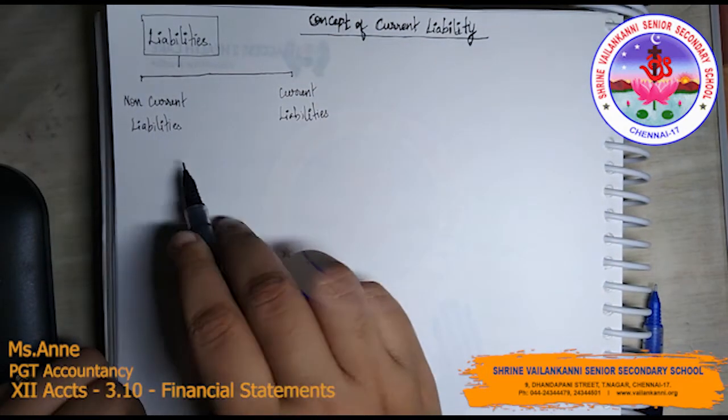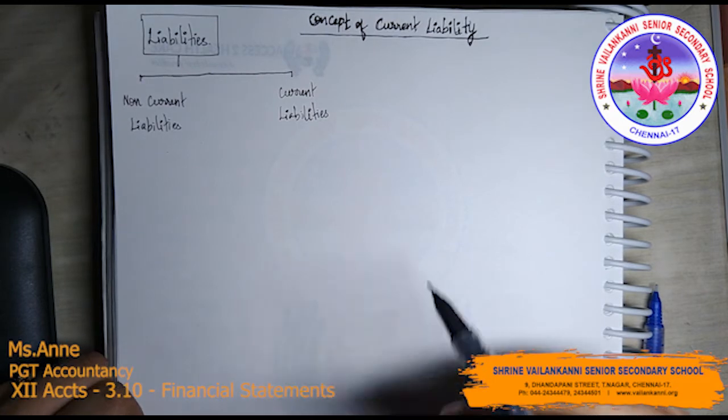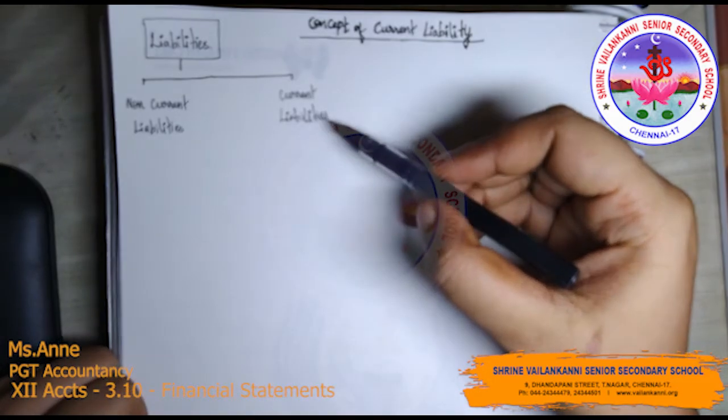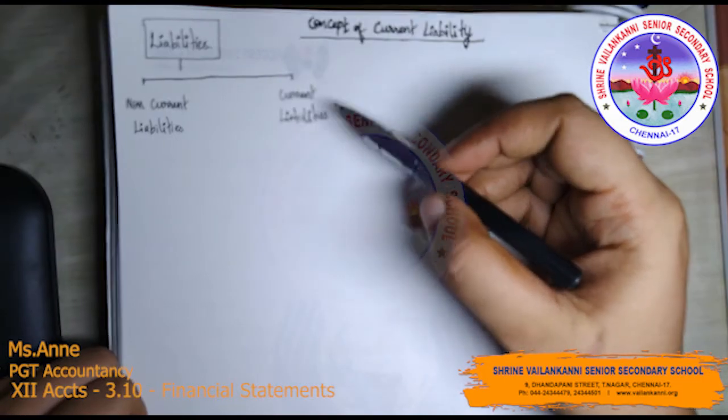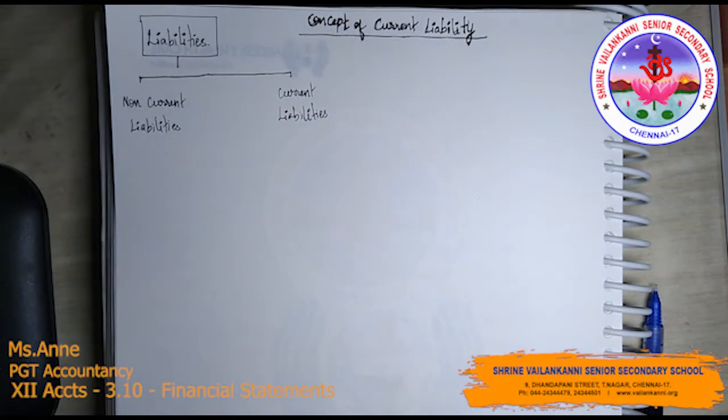So it is classified as non-current and current liabilities. But when there is a question of what is the criteria for classifying current liability as well as non-current liabilities, we may not know that.